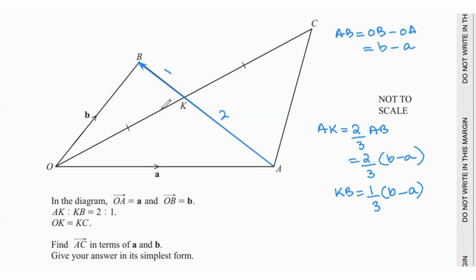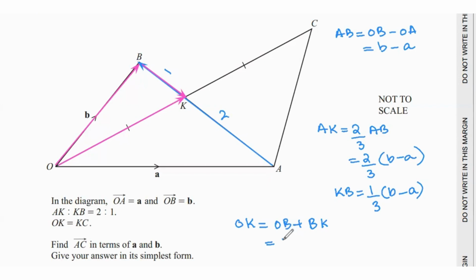Now we need to focus on AC. So they've said that OK and KC are basically the same. So what we can do is that we can find OK. So for OK, we can do OB plus BK. So we're going from here to here to find this.